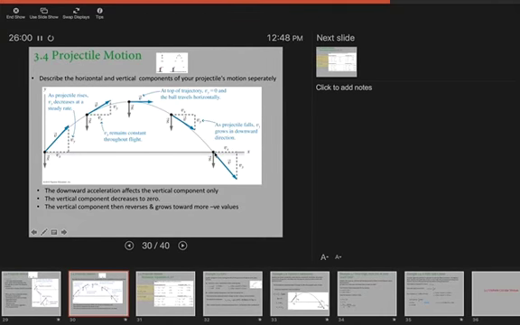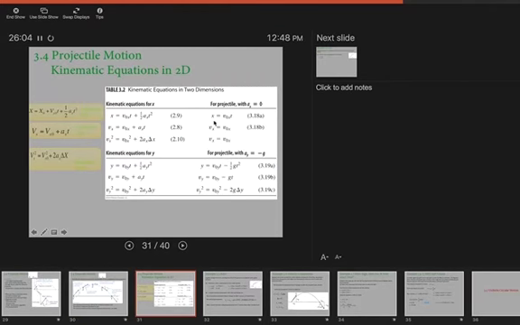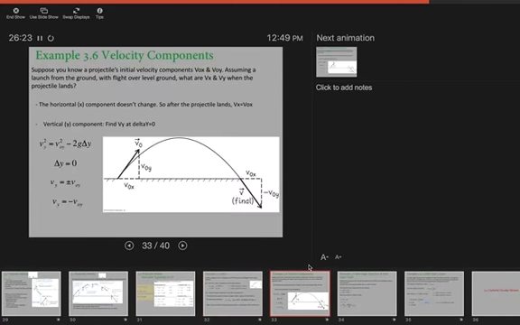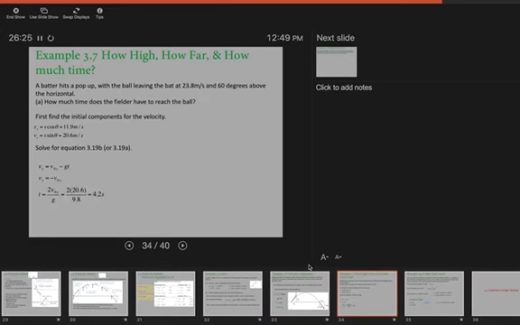To find the time I have to go back to these formulas, because I have nothing else anyway. Obviously on the x axis I don't have much information about time, but on y I have equations with time. I have this equation with time, and this equation also with time. So let's see how we will find the time in this case.